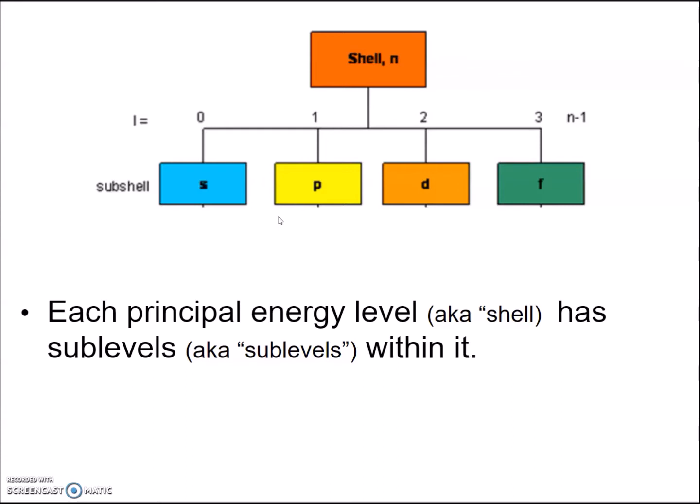Those subshells have names. S for S-type orbitals, P for P-type orbitals, D for D-type orbitals, and there's even F for F-type orbitals. And if you get to really big atoms or even atoms that are excited beyond ground state, you could have G for G-type orbitals.